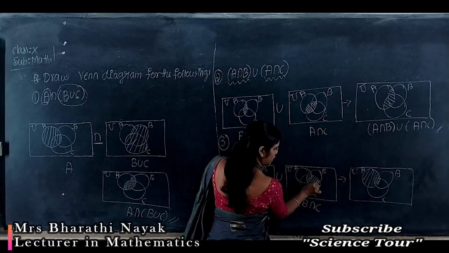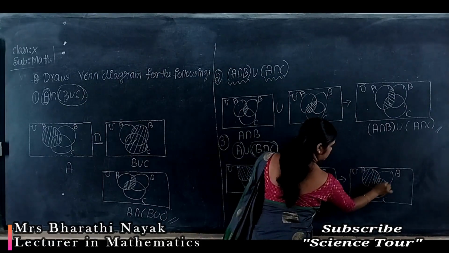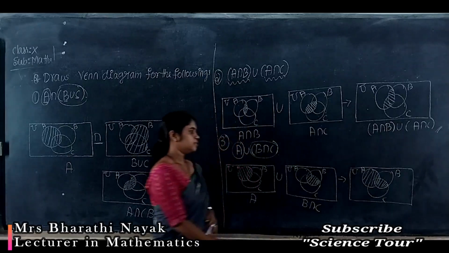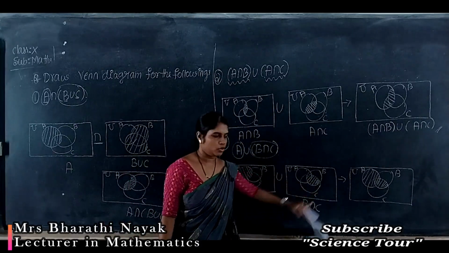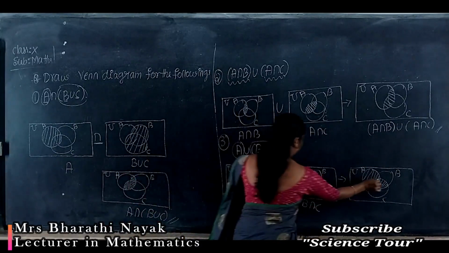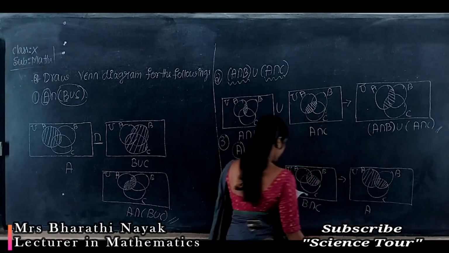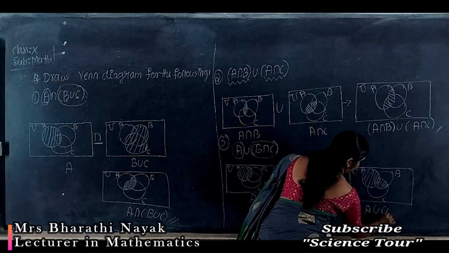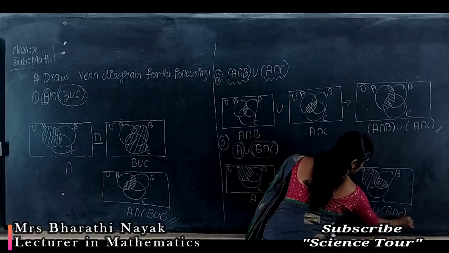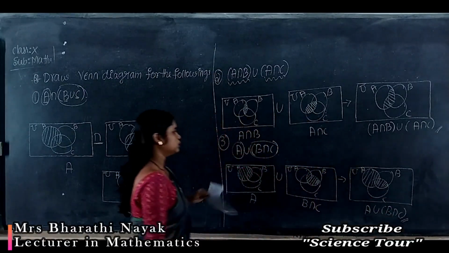Next, which one is included here? Yes, this part. Yes, combine. Therefore, what does it indicate? It indicates A union B intersection C. So this is the third problem.